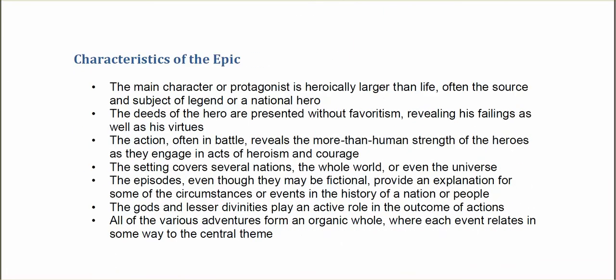Some other characteristics of the epic. The main character is generally larger than life, some kind of a national hero. We often see his good points and his bad points. That's not held back from us. We see his courage in battle. The setting, down here, usually involves some kind of travel, usually over long distances, sometimes even going into the underworld.